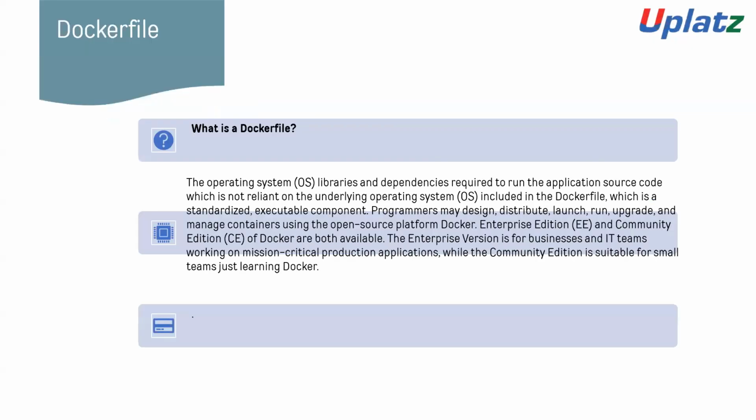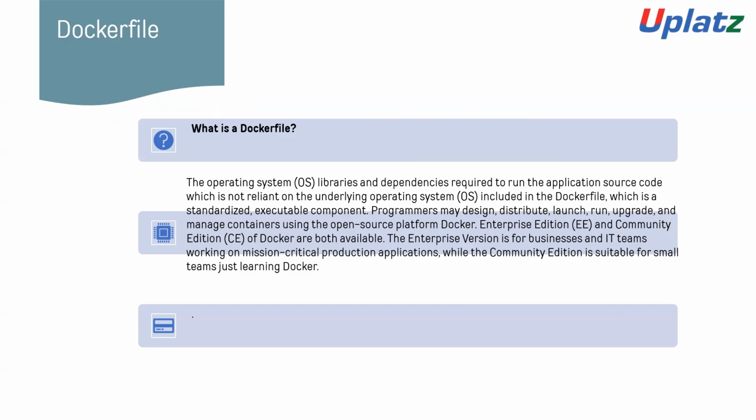Now the first question will come: what exactly is a Dockerfile, and how is it different from normal Docker images? If you are pulling any image, it will directly download from the local repository or Docker Hub to your system. A Dockerfile is a set of instructions that we write, and with this set of instructions we can create a Docker image.